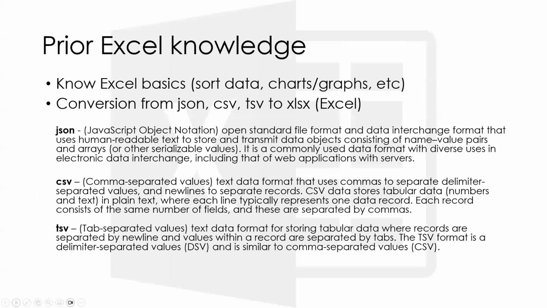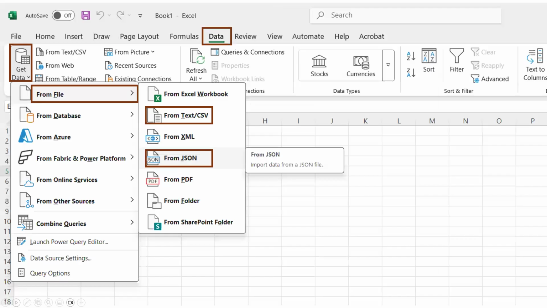I'm going to assume that all of you have prior Excel knowledge. You know how to manipulate data, and you know how to do AutoSum and different calculations. So I'm not going to go into detail. You need to know how to sort data, generate charts and graphs, etc., and how to convert files from JSON or CSV or TSV to XLSX so that you can convert it to charts and graphs, and in the end to a dashboard where you can represent it in summary.